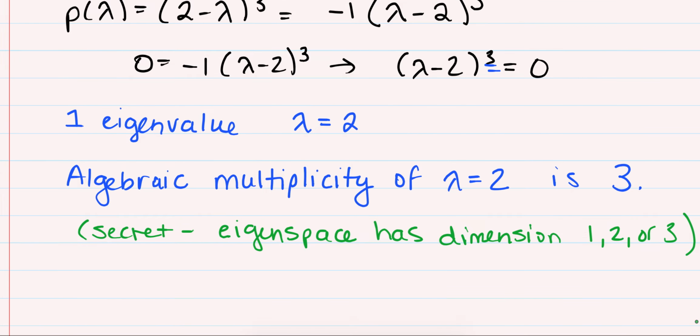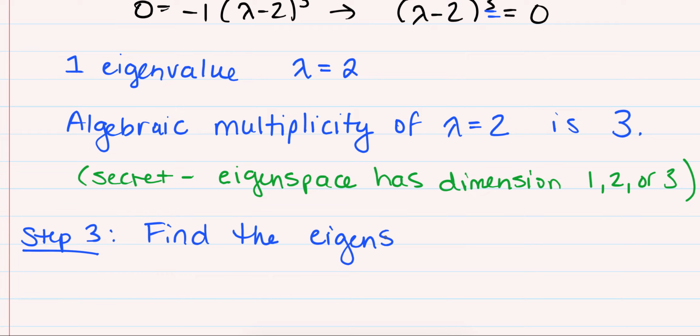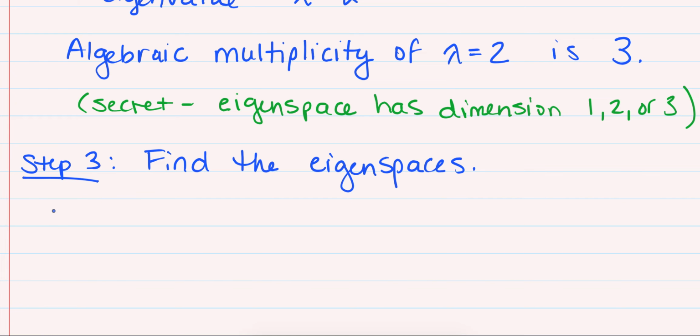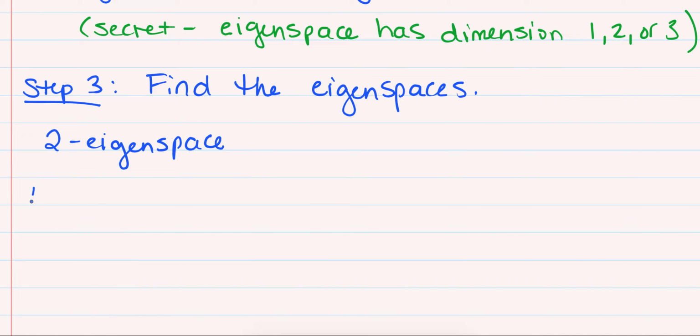So now we're going to figure out the eigenspace. Here we only have one eigenspace, so we need the 2 eigenspace. Okay, so to find the 2 eigenspace, we need to find the null space of A minus lambda I, which is now a 2.